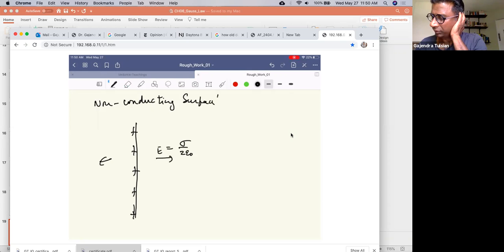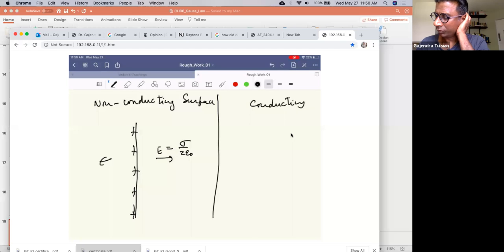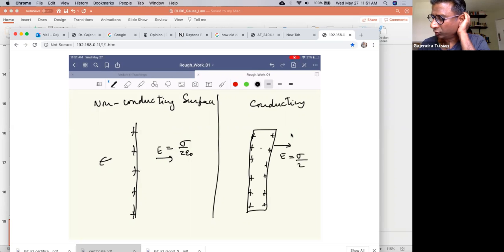From a conducting surface, no matter how thin the conductor is, the charge is distributed on the surface. Inside this conductor, the electric field is 0, and outside, the electric field is sigma by 2 epsilon naught.